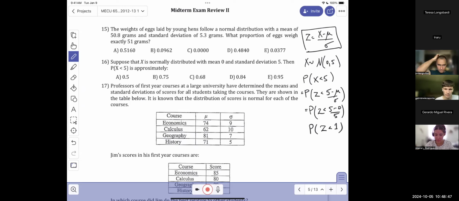And you can look it up, or you can remember the fact that 68% of observations are within 1 standard deviation of the mean.